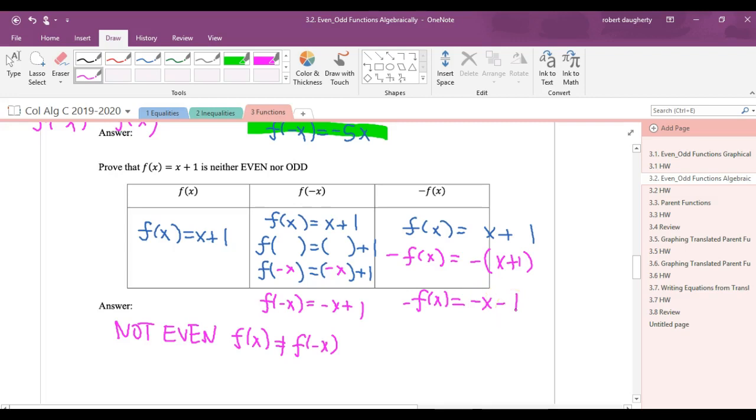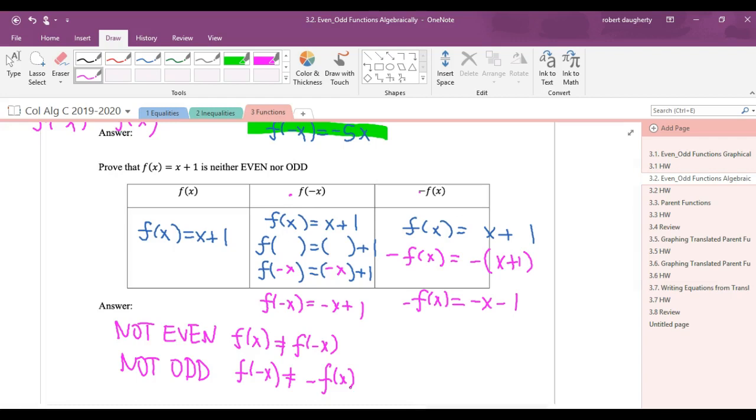Now, do these two things match? No. So we know that this is not odd. How do I know it's not odd? f of negative x is not equal to minus f of x. Okay? So this is neither even nor odd. If you didn't say neither, I would take this as an answer.